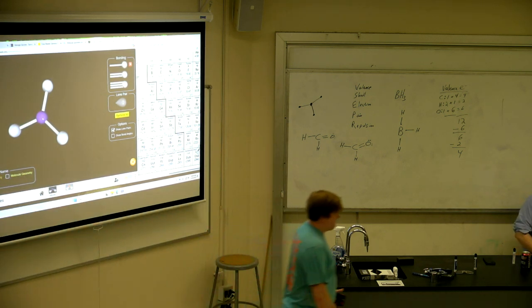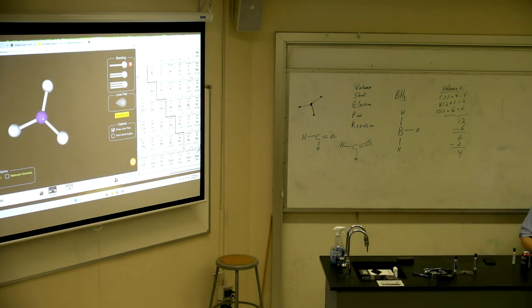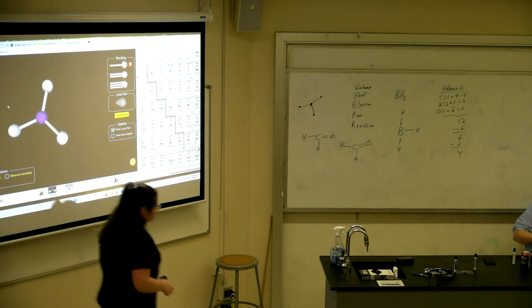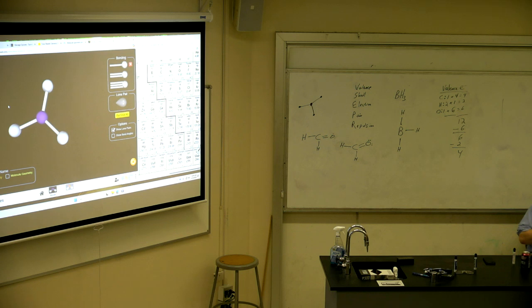Valence shell electrons, those are just the valence electrons we've been talking about. Repulsion just means they're gonna repel each other. So think of these as being tethered to the central point, and then these white balls out here, the hydrogens in my example up there, or the oxygen and the hydrogens in the other example, are repelling each other to try to get as far away from each other as possible.